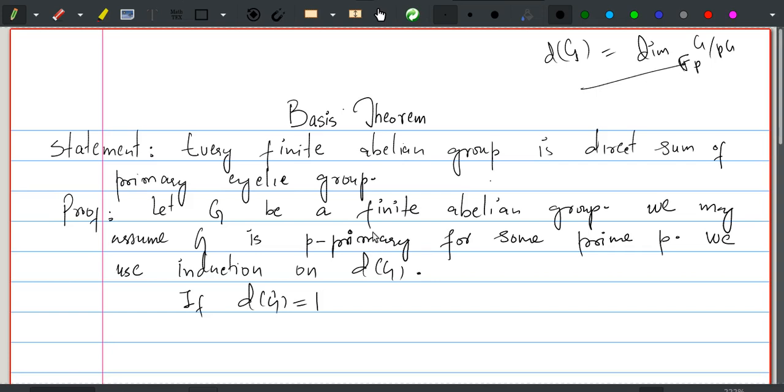So if d(G) is equal to 1, then obviously G is a non-zero cyclic group. This is actually a result which we have done earlier. So clearly G is a non-zero cyclic group.